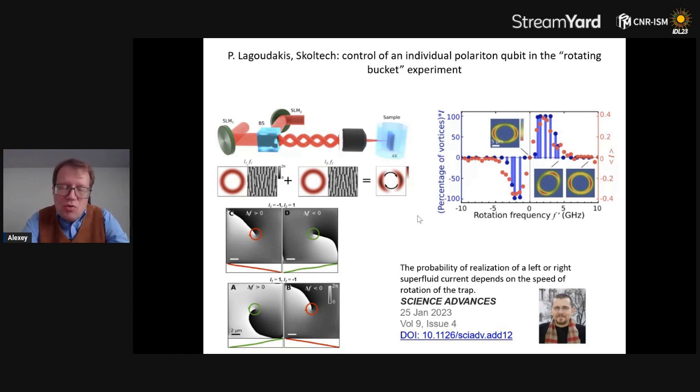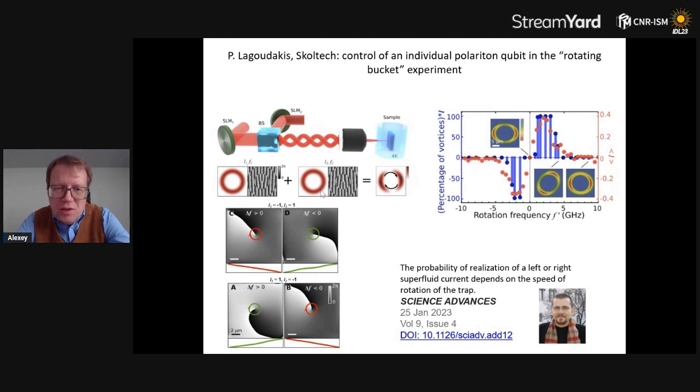So how to rotate it? By optical methods. You create a trap by a superposition of two excitation beams, and both of them are Laguerre-Gaussian beams that carry orbital momentum, +1 and -1, and they are slightly detuned in energy.